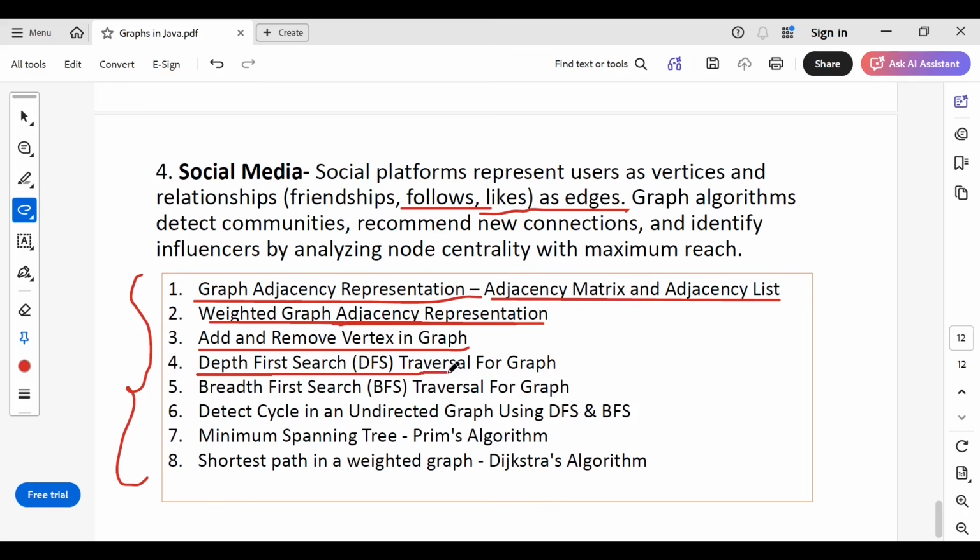Then you can do graph traversal, DFS or BFS, detecting a cycle, whether a graph has a cycle or not. Then you have a minimum spanning tree, shortest path. There is also Kruskal's algorithm along with Prim's algorithm for that. And there are many more actually. So these are the algorithms we'll try to do with graph.